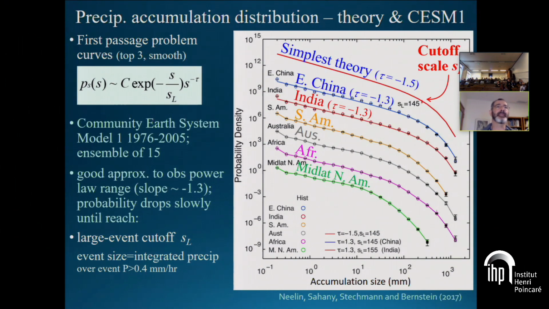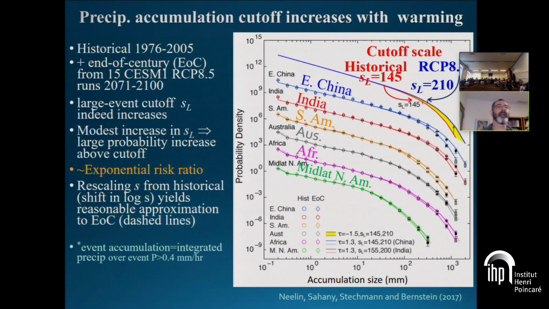So if we do the experiment of running the climate model in a greenhouse warming scenario, again, representative concentration pathway 8.5, end of century, you find that essentially the accumulation size scale rescales. You move your cutoff scale out a little bit so you drop less quickly.